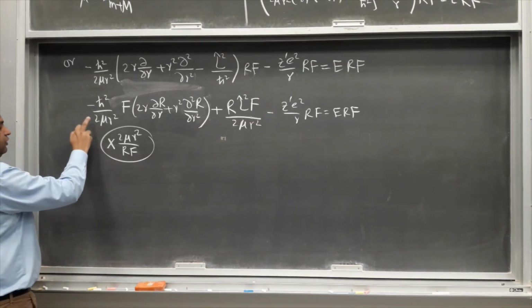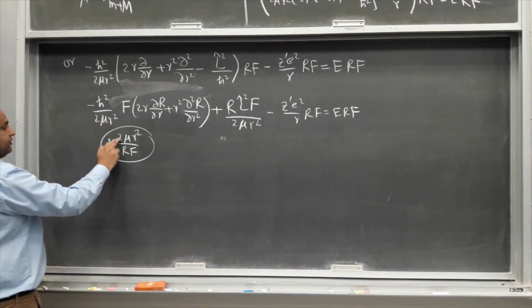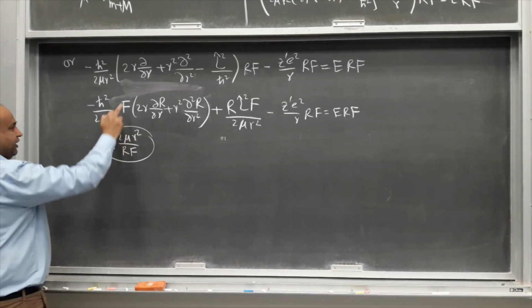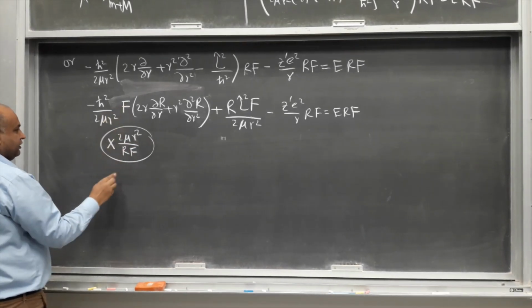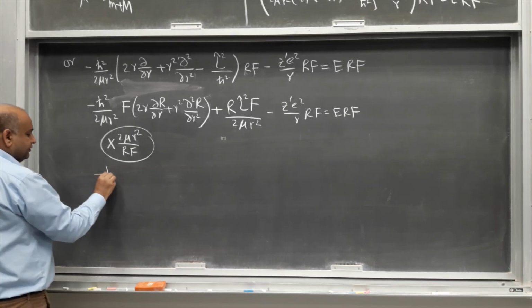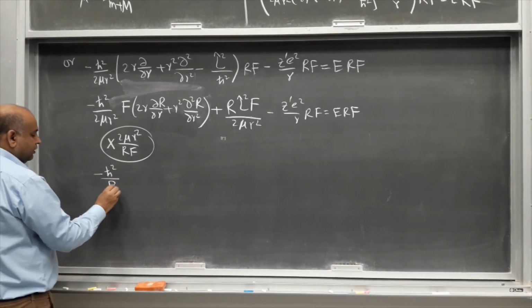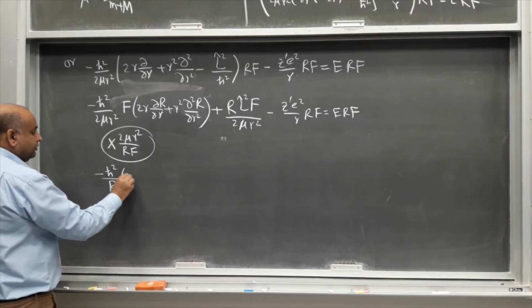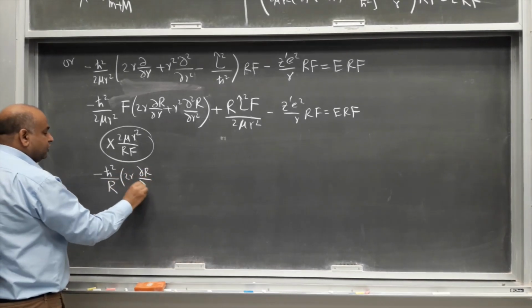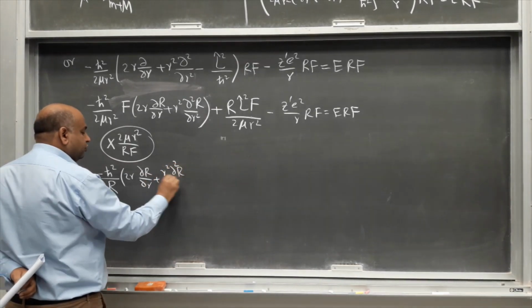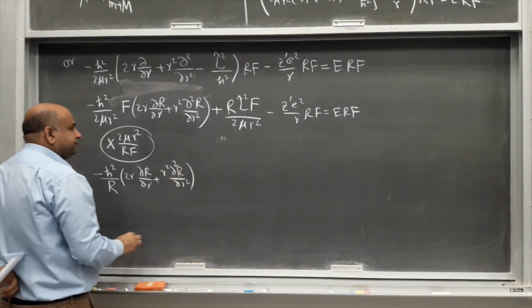When I apply here 2 mu r square, it cancels with this 2 mu r square, and this R f, f cancels here and only R is left. So I have minus h bar square over R, and 2r partial R by partial r plus r square partial square R by partial r square.